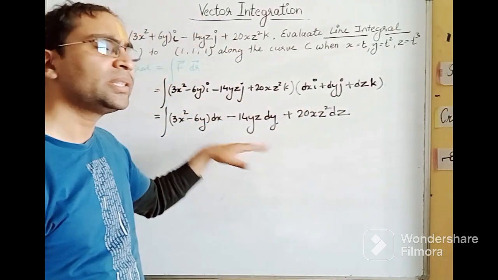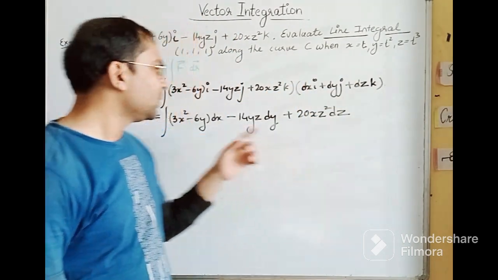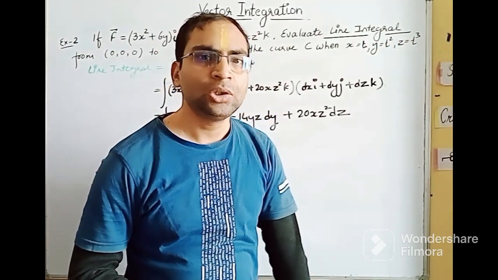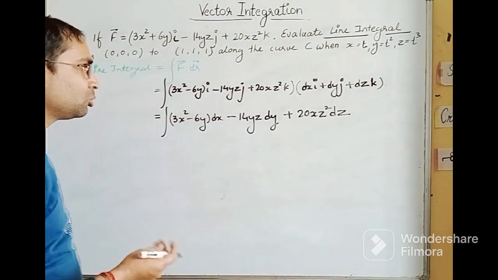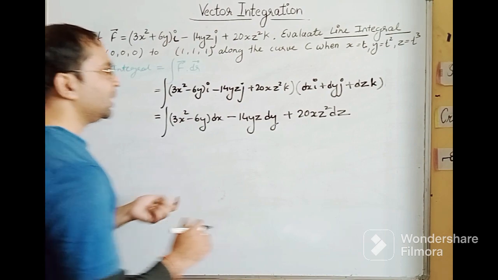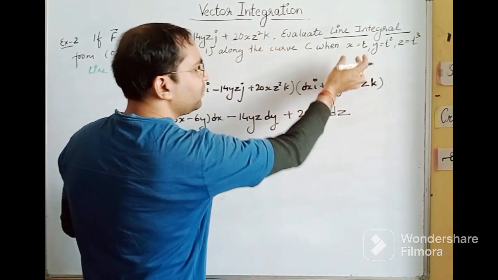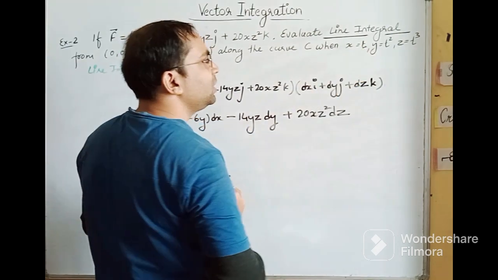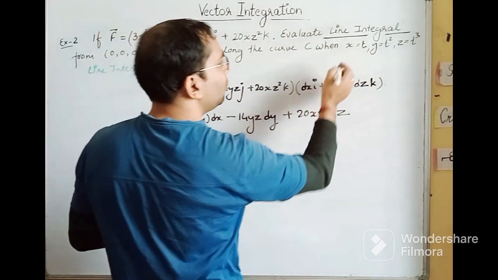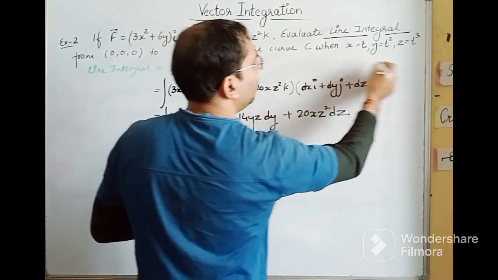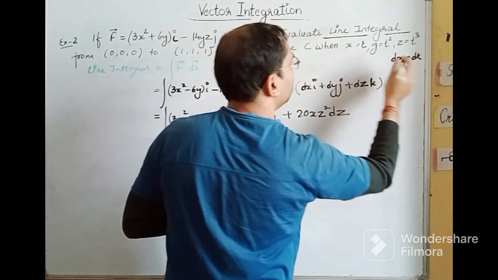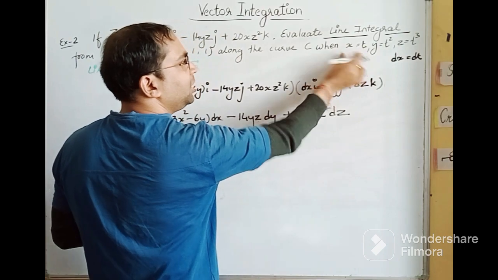So we'll replace x by t, y by t square and z by t cube to convert this into an actual single integral. We will use all three equations. Differentiating x is equal to t, we get dx is equal to dt.